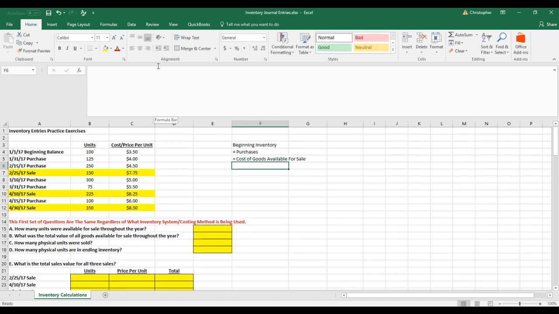Now from that, we have all these goods available for sale throughout the year. At the end of the year, those goods are in one place or another. They're either in our ending inventory, or they have been sold.